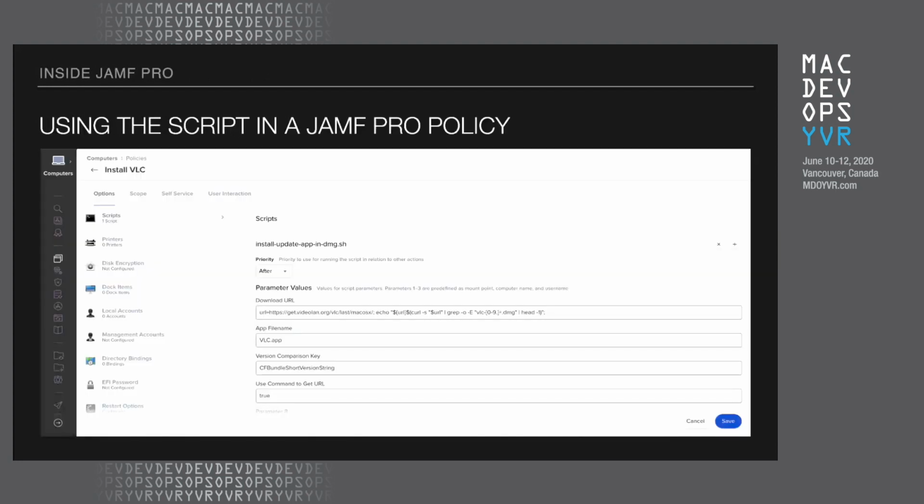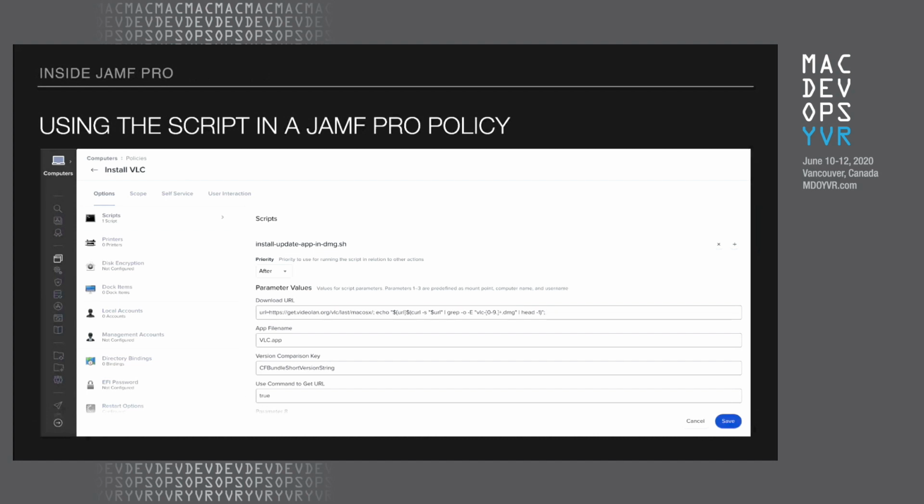And yeah, that's it. To set the script up as a Jamf Pro policy, in this case, we're installing VLC. You see in parameter 4 in Jamf Pro, we have the download URL, which for VLC is actually a command that we can use to get the latest version of VLC. The next parameter is just the name of the app, VLC.app.